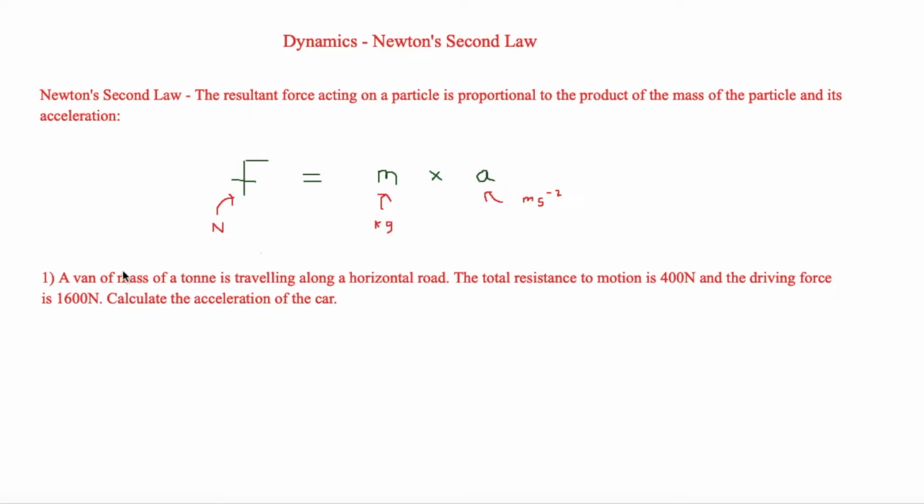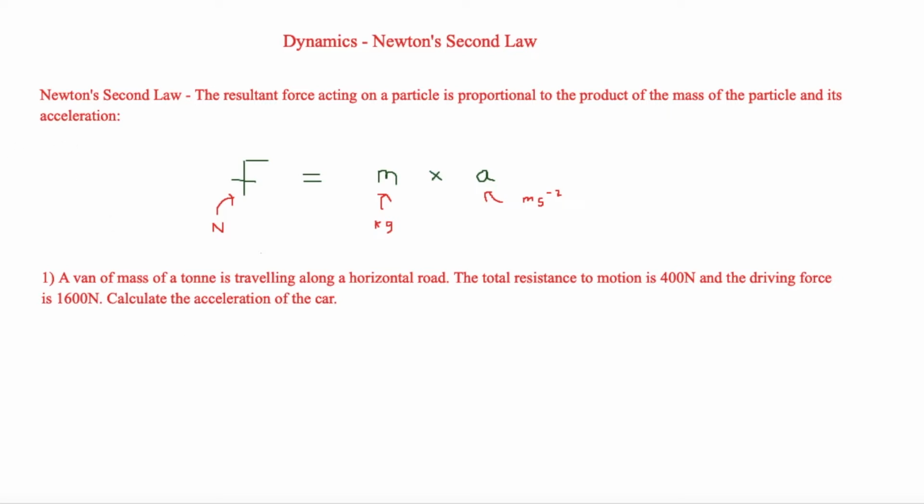So the question says that a van of mass one ton is travelling along a horizontal road. The total resistance to its motion is 400 newtons, and the driving force is 1,600 newtons. We have to calculate the acceleration of the van.